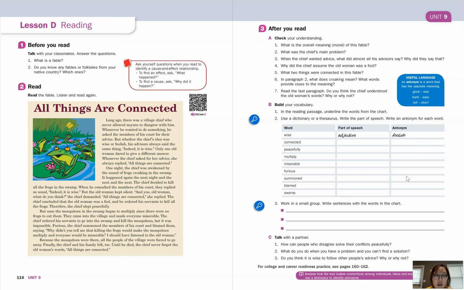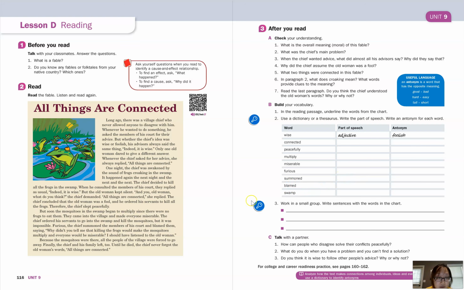So we could say the king banished his servant from his presence, meaning the king kicked out his servant from his court or his kingdom or his palace. So the part of speech is verb.